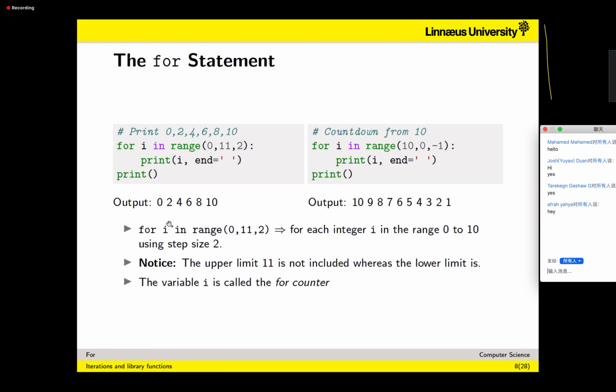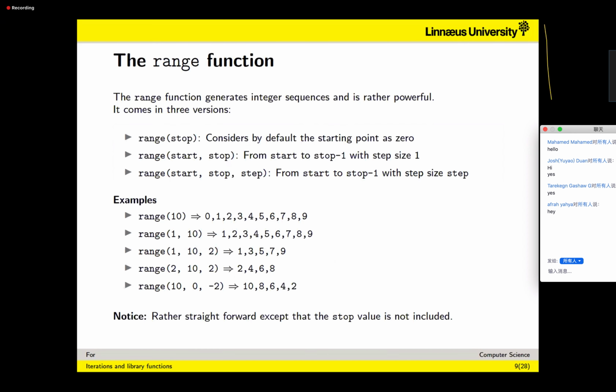And the variable here is called the for counter. For each i in this one, we do something. And this one decides which values i will take. So the range function generates integer sequences. It is rather powerful, and it comes in a number of different versions. The simplest one is just range stop, which considers by default that the starting point is 0 and the step size is 1.